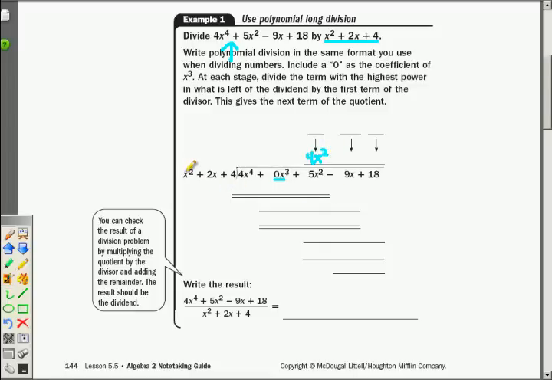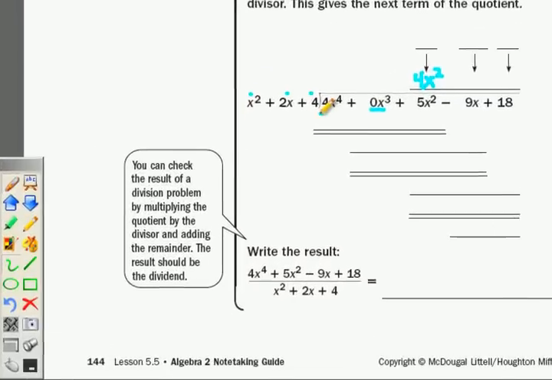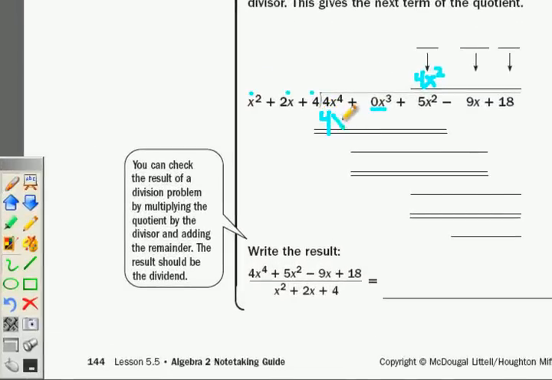And so if I multiply all 3 of these things by 4x squared, the first one better be 4x to the 4th. Okay? 4x to the 4th plus 8x cubed plus 16x squared.